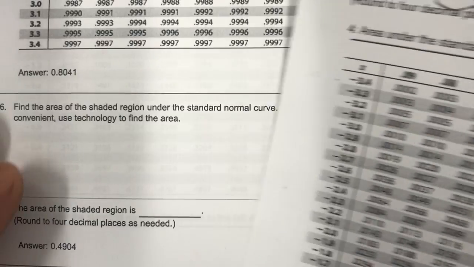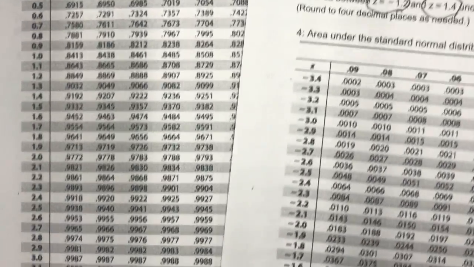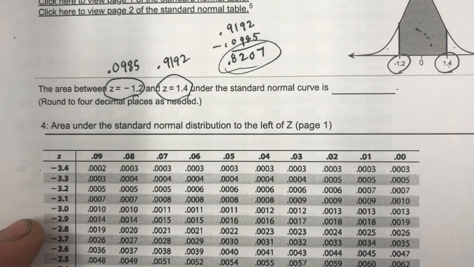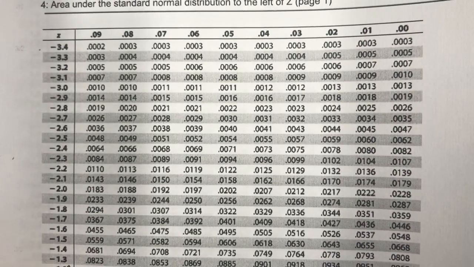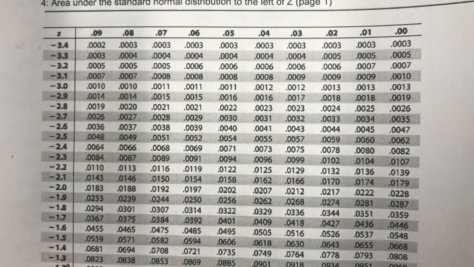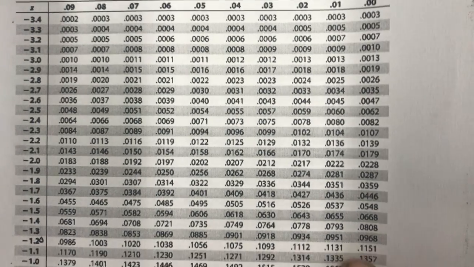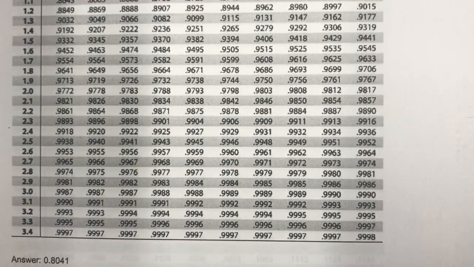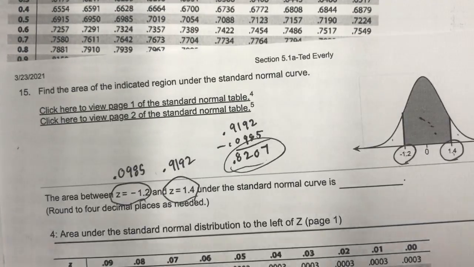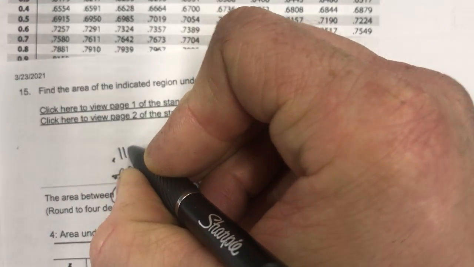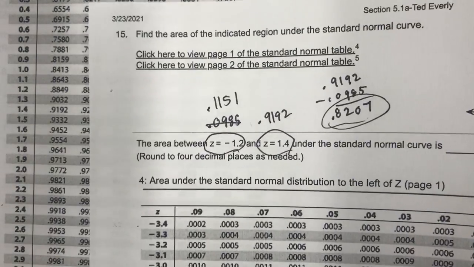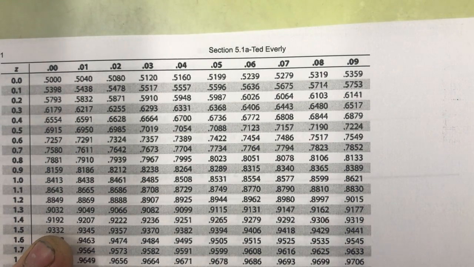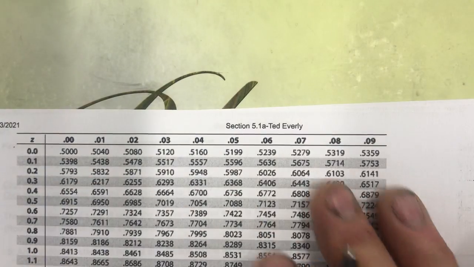Okay, so let's go back to that previous problem. That's why the numbers are different. Negative 1.2, 0 is this one right here, 0.1151. Now 1.4 is on this page, and that's 0.9192. See, this one went the right way, and the other one went backwards.